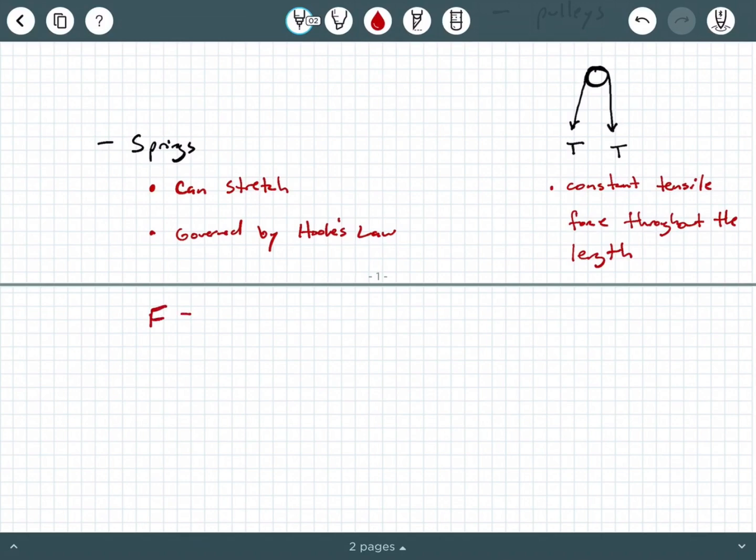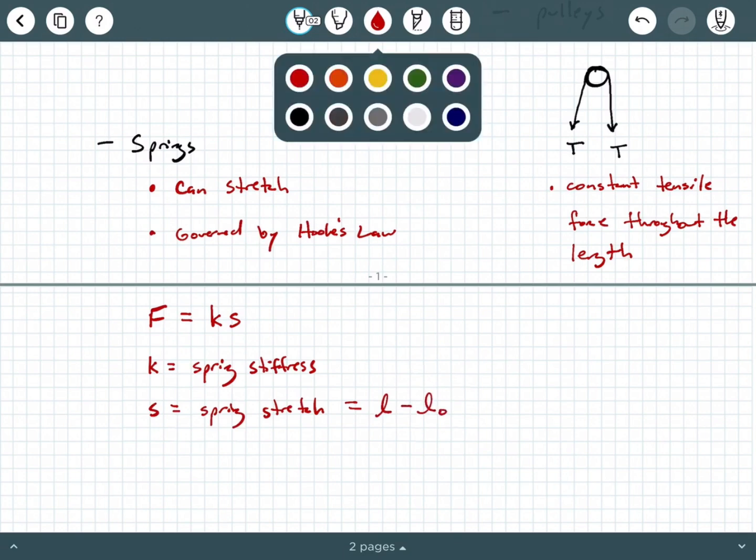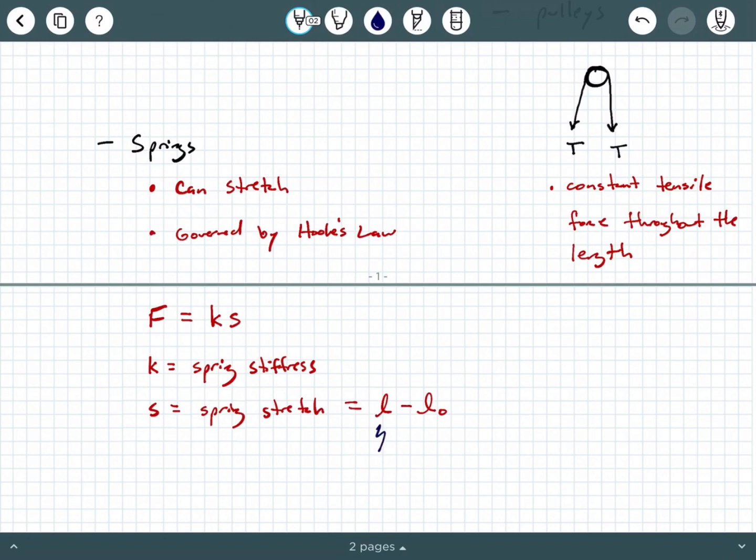Hooke's law says that the force in the spring is equal to a spring stiffness, which we typically call K, times the stretch of the spring S. So K is what's called a spring stiffness, and S is the spring stretch, which is equal to the stretched length minus the original length.